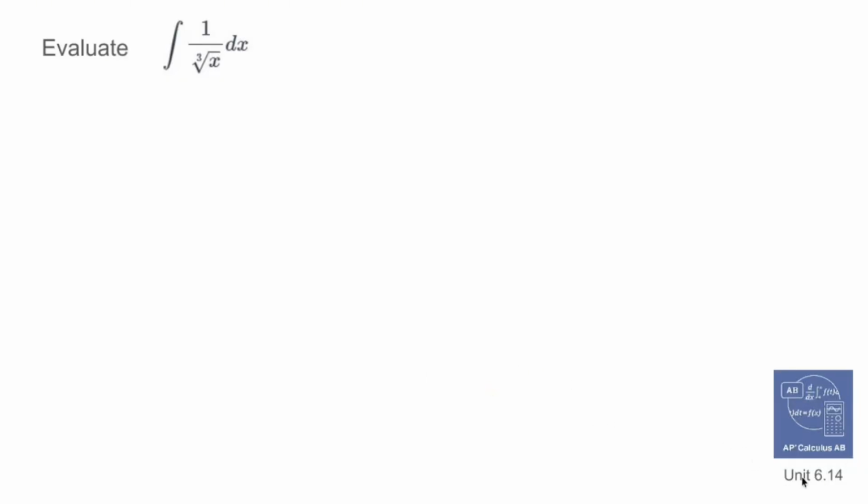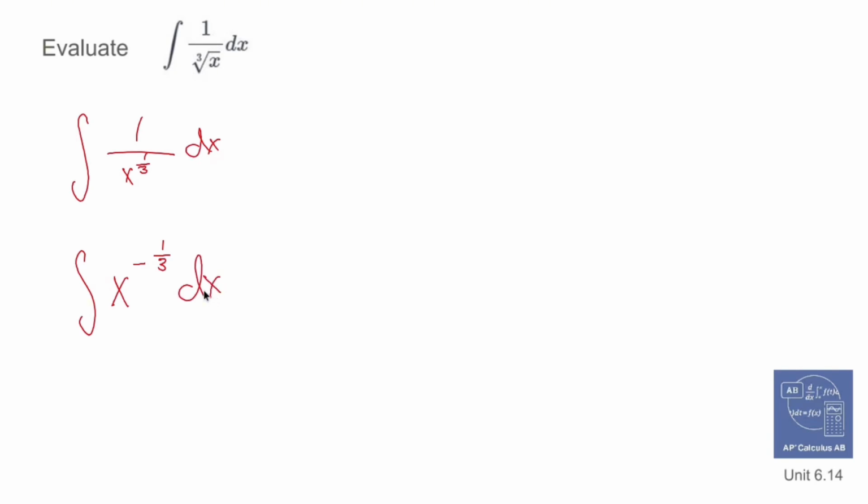So here we are in section 14, which is basically approaching integrals in a different light. Now this isn't crazy, not at all. What I'm going to do here is kill a couple birds with one stone and rewrite that cubed root of x as x to the 1/3. No big deal. But then I'm going to flip it upstairs and make it x to the negative 1/3.